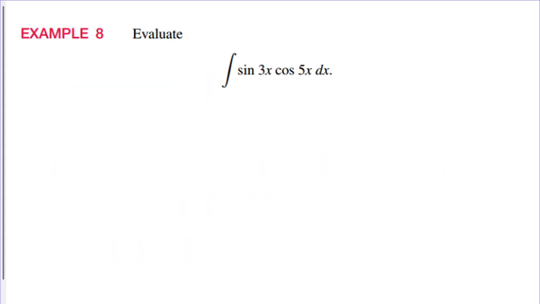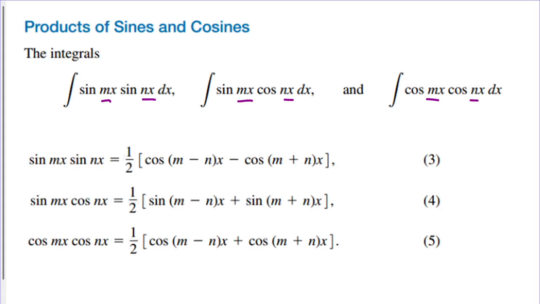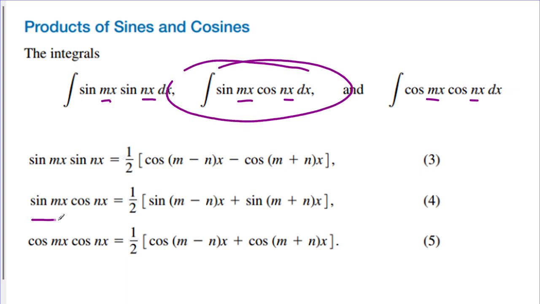For example 8, we're going to evaluate the integral of sine of 3x times the cosine of 5x. Because sine and cosine are both to the power of 1, we can use that formula. So referring back to sine and cosine, we're using this formula here: 1/2 times sine of m minus n of x plus sine of m plus n of x.